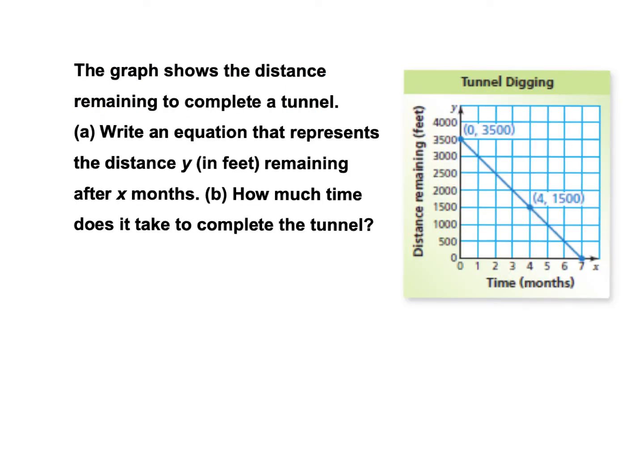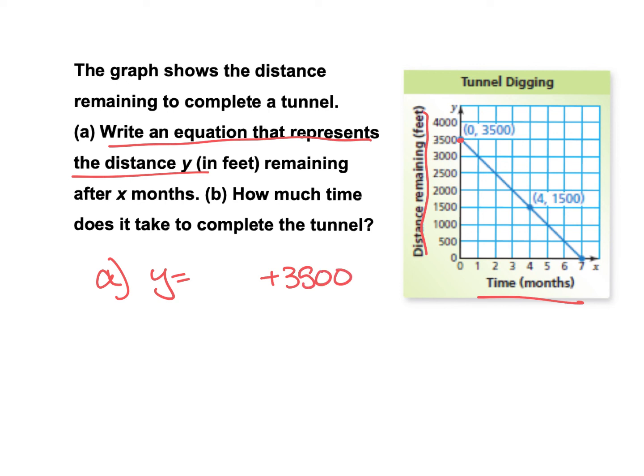Again, you have to know what these intercepts and slope and all that stuff means. So the graph shows the distance remaining to complete a tunnel. We have the time in months on our x-axis, the distance remaining in feet on our y-axis. First thing they want us to do is write an equation. So letter A, we're going to start with y equals, and we know our y-intercept is at 3,500 feet, so we're going to just do 3,500.